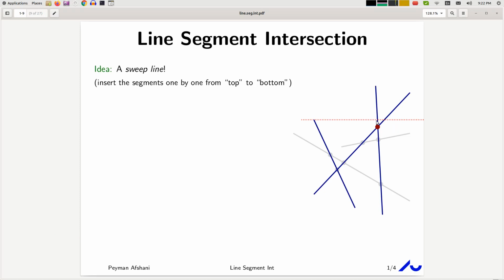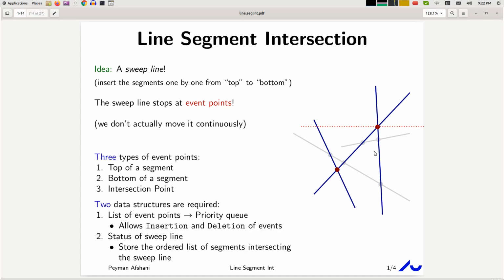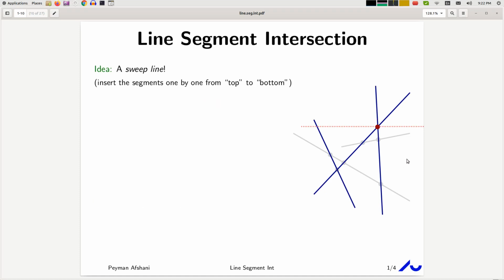But if the sweep line, for example, reaches here, let me just do an example here. If a sweep line reaches here, then this would be segment number 1, this would be segment number 2, this would be 3, let's say this is 4, and this is 5. Okay.